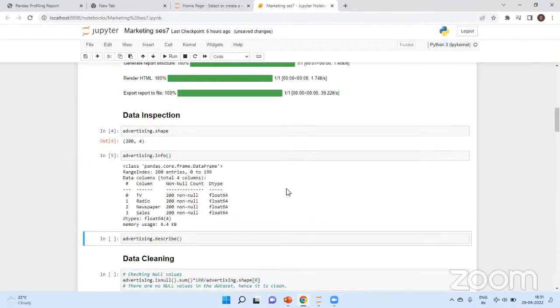So we have the columns TV, radio, newspaper, and sales. The data types are given, and describe will do the statistical analysis, advertising.describe.